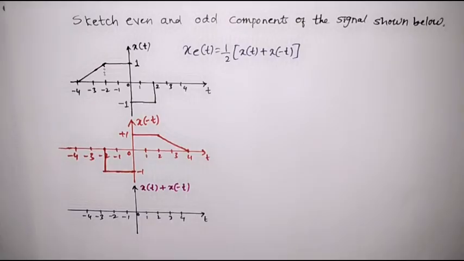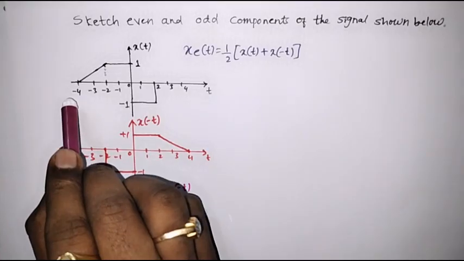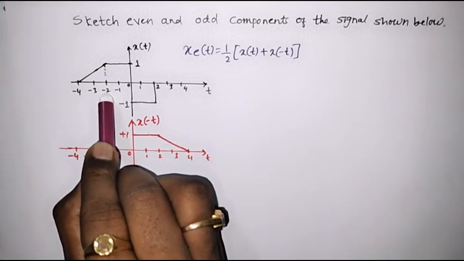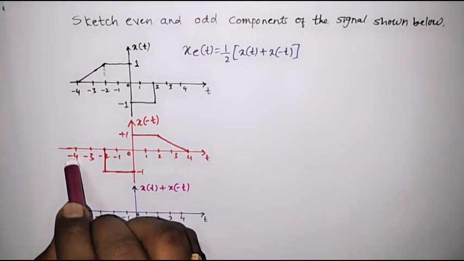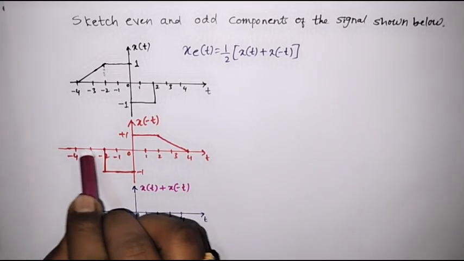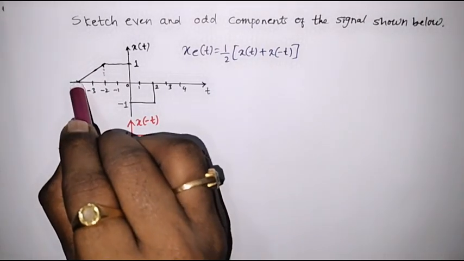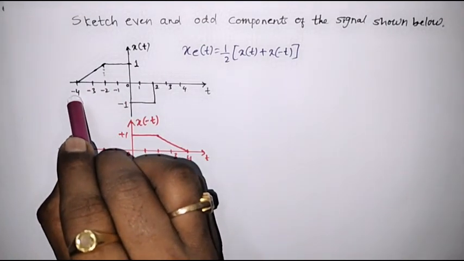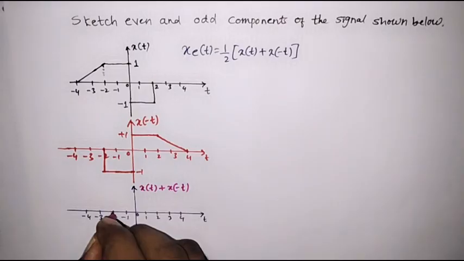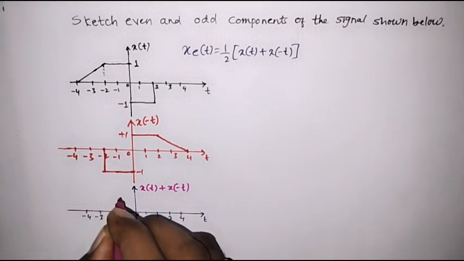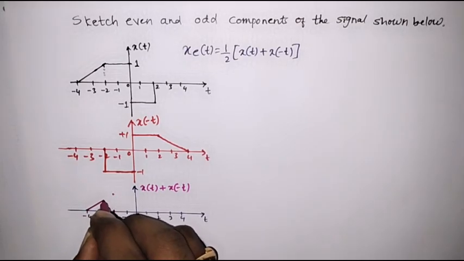Here we can observe that in x of t, from minus 4 to minus 2 there is a ramp signal, and in x of minus t, from minus 4 to minus 2 its value is 0. So when we add this signal with 0 we will get the same signal, that is the ramp signal, from minus 4 to minus 2. So till this point we will get the ramp signal.